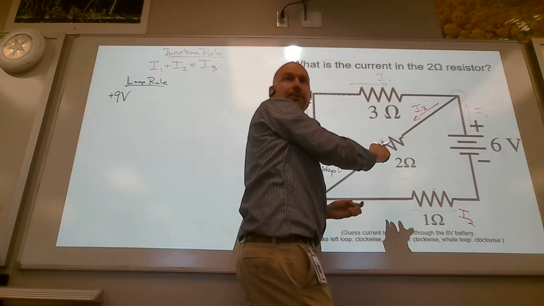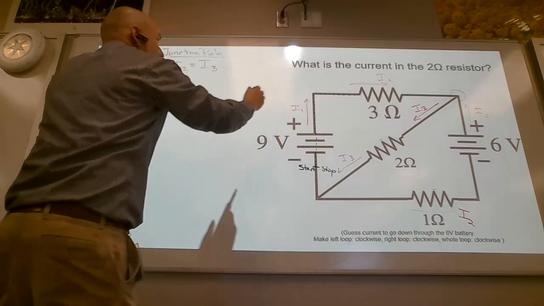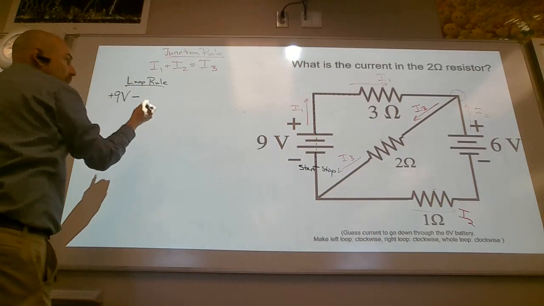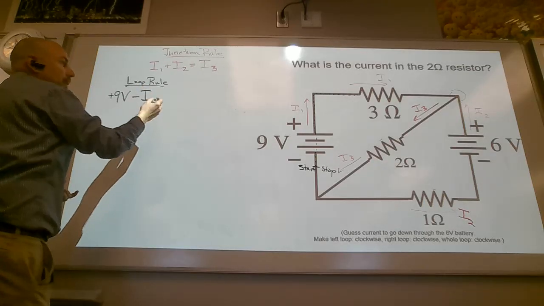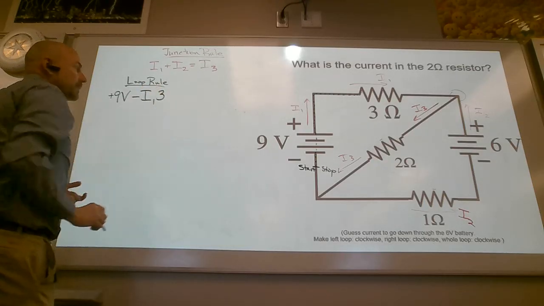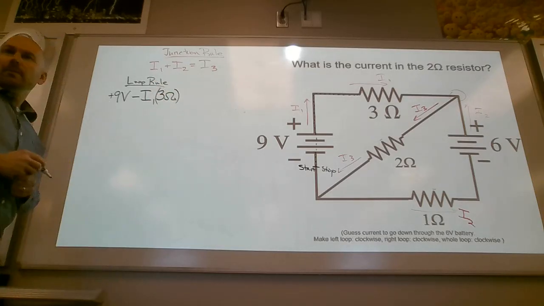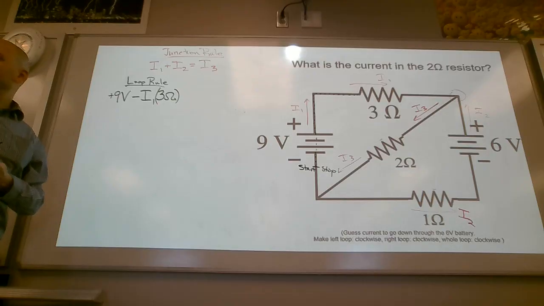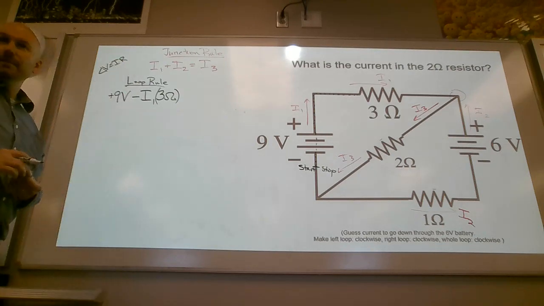Get with that? Okay. The voltage drop across that resistor, so it's subtraction because I'm voltage dropping. That's equal to the current times the resistance. That's my voltage drop. You all right with that? Ohm's law, real quick, that's where I'm getting that.